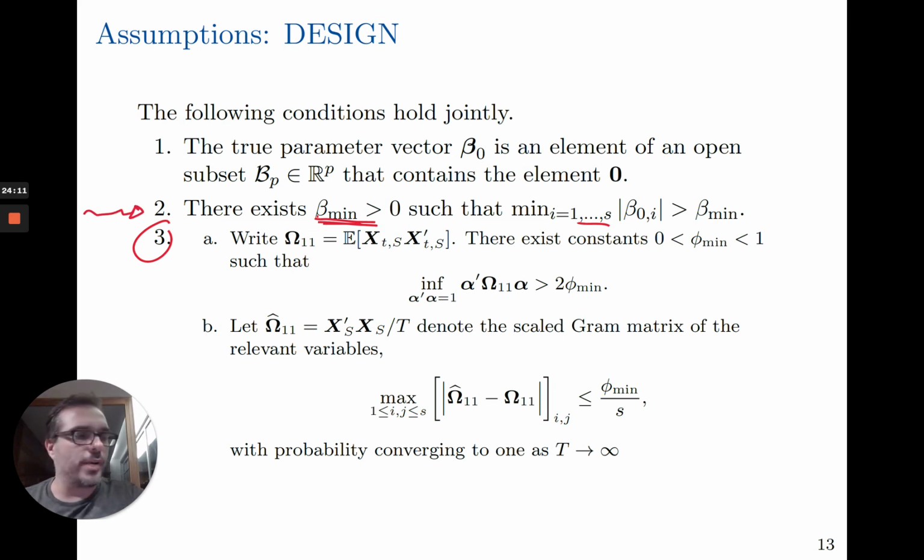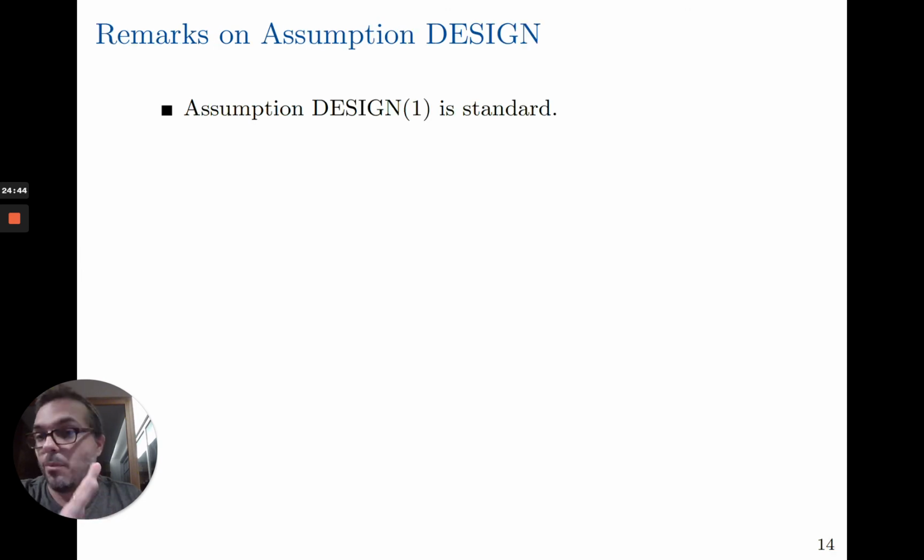You have no hope to identify effects that are truly small. And how small? Something of the order of 1 over square root T. If this is the case, lasso, adaptive lasso, all these techniques will set it to 0. Anything smaller than that will be set to 0, more or less.